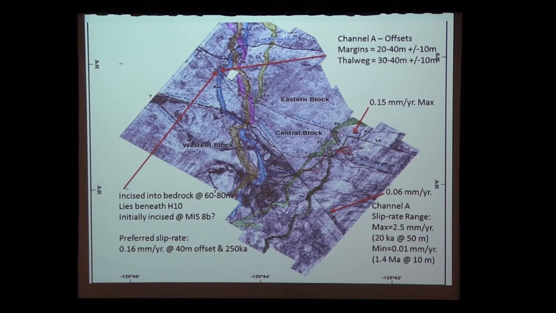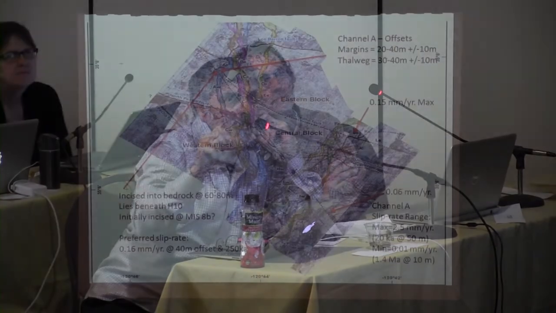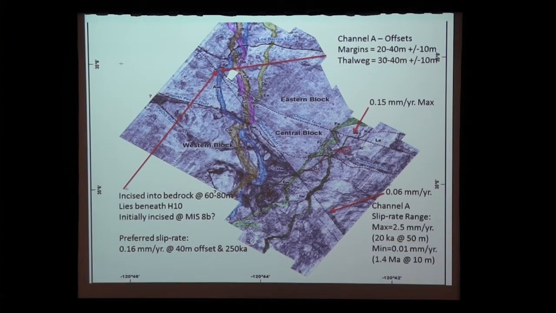Hey, just a quick question on the uncertainty of the channel A offset. 20 to 40 meters of the margin, plus or minus 10 meters. Does that mean the range is 10 to 50 meters? So one side of the margin is offset 20 meters. This side we see an offset of 40 meters.